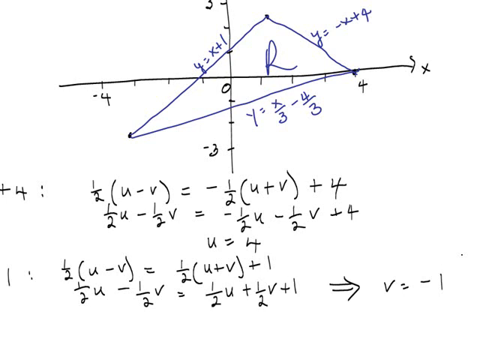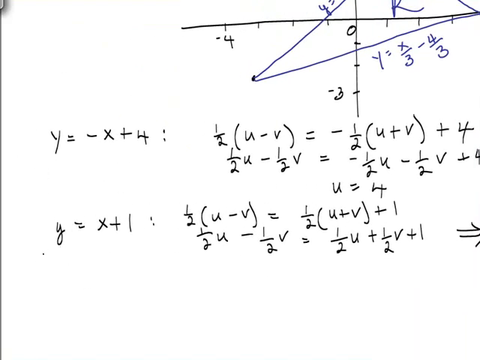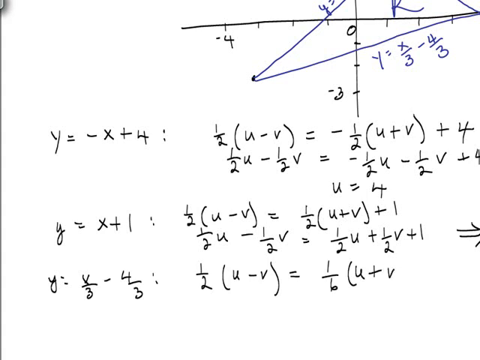And finally, let's take the last one. The last line is y equals x over 3 minus 4 over 3. So we have a half times u minus v equals x over 3, which is 1 over 6, times u plus v minus 4/3.